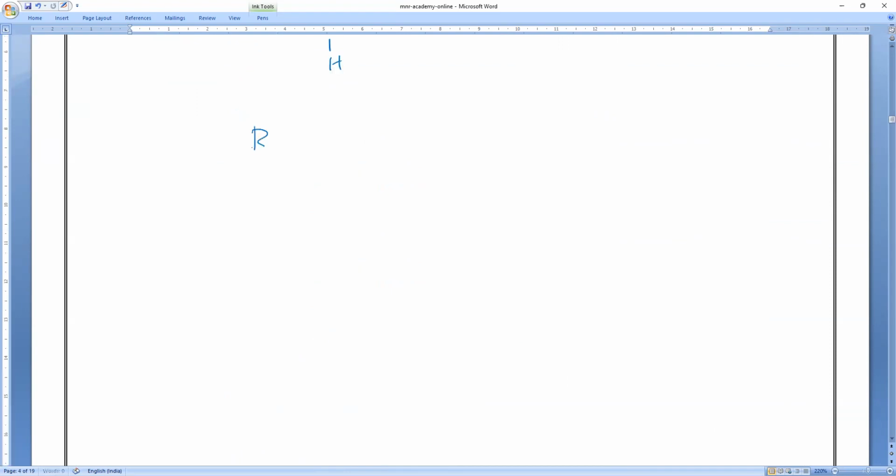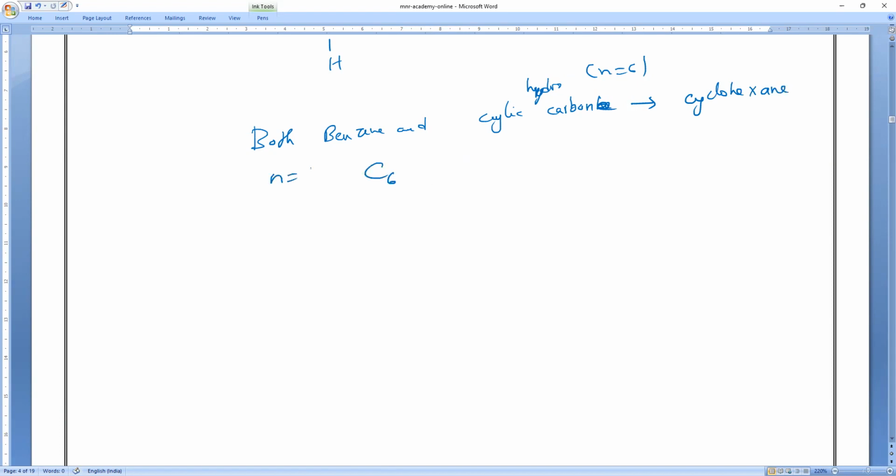What is that? Both benzene and the cyclic hydrocarbon cyclohexane have the same number of carbons, C equals 6, n equals 6.